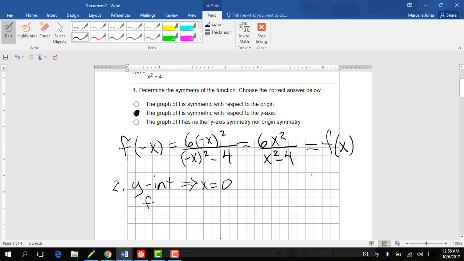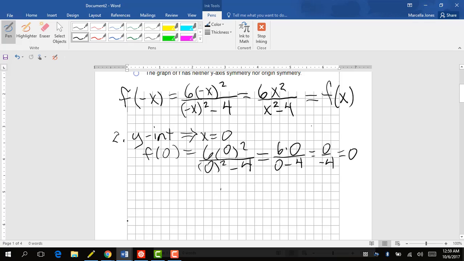So I go to the function, and wherever I have an x, I put a 0 instead. I get 6 times 0 over 0 minus 4, which is 0 over negative 4, which is 0. So the y-intercept is 0.